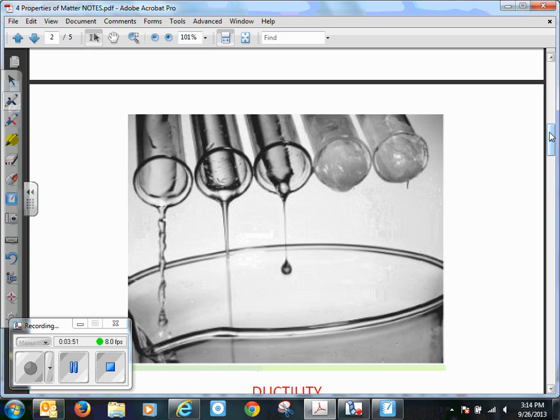How thick it is would be another way to describe it. But this one, you can see it's dripping in a very thick stream. That's not very viscous. So the word viscous is related to viscosity. That's where viscosity comes from.